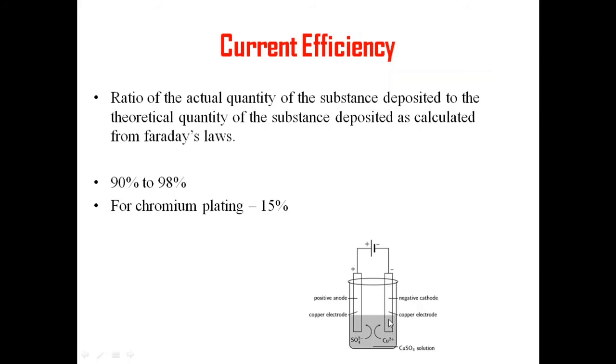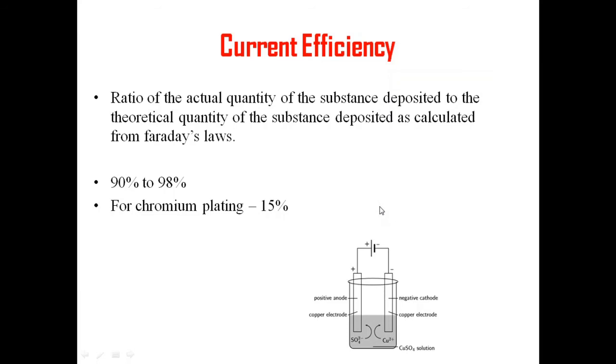Practically, there will be some deposition of copper on this electrode. That is the actual quantity of copper deposited. Theoretically, when we calculate according to Faraday's laws, we get the theoretical quantity, which will be different from the actual quantity.